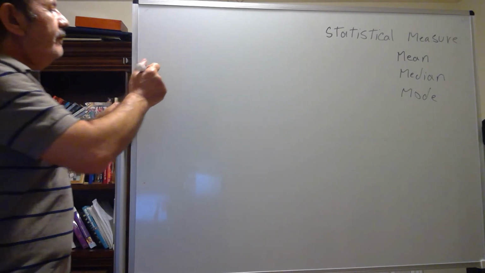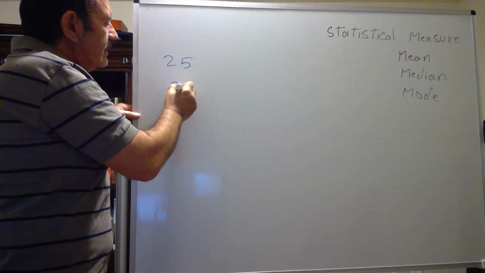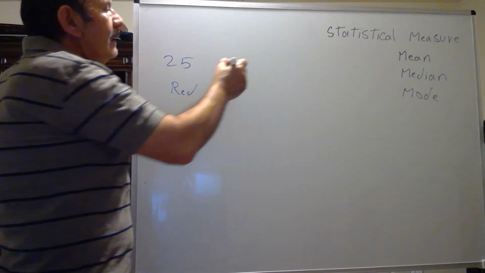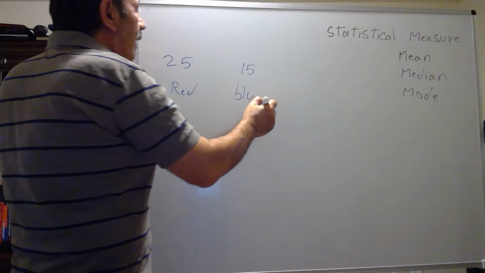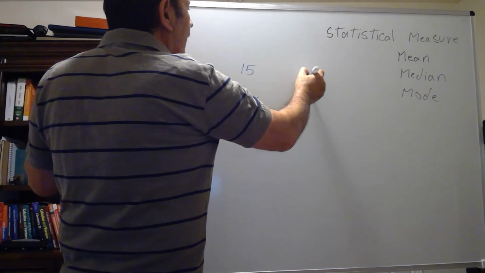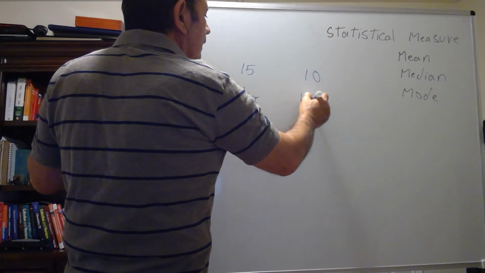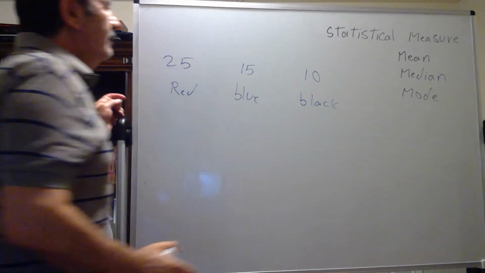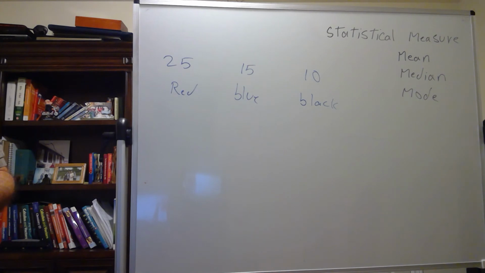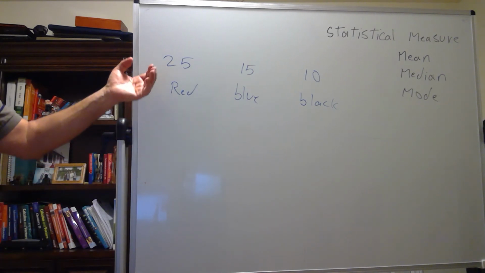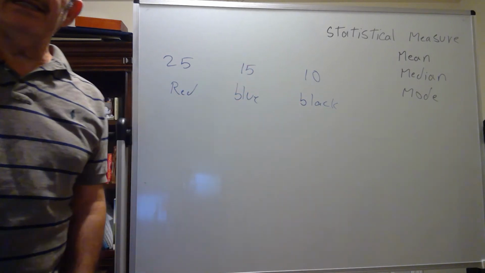Let's say 25 answer they write red, and 15 answers they write blue, and 10 answers they write, I don't know, black. So there are 50 people and I'm asking each of them which color they like. 25 answer red, 15 answer blue, and 10 answer black.